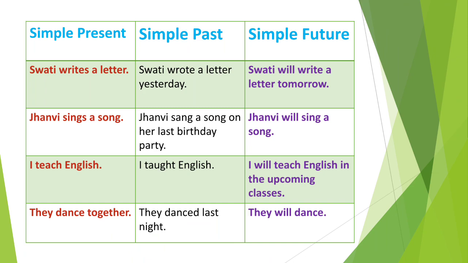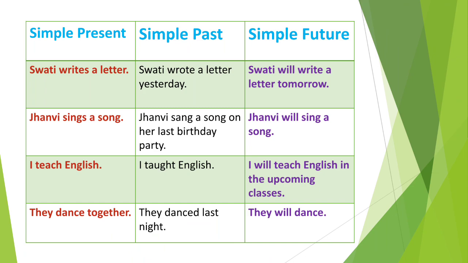In simple present, I teach English. For simple past, it will be I taught English, and simple future, I will teach English. They dance together, they danced last night, and they will dance.